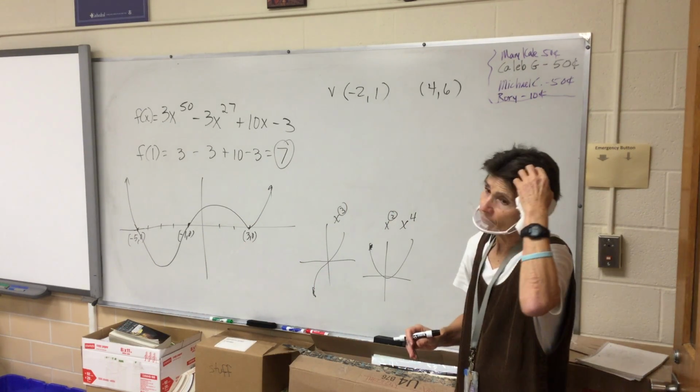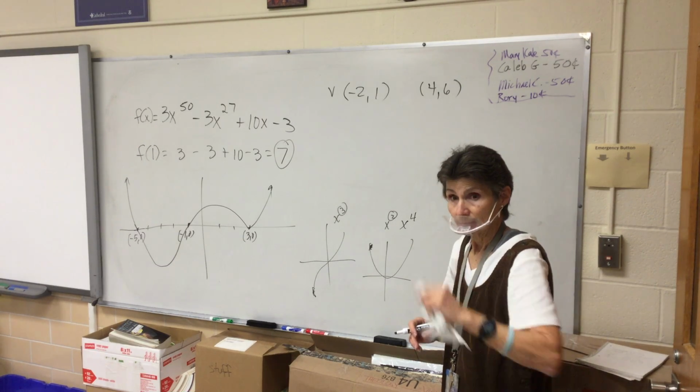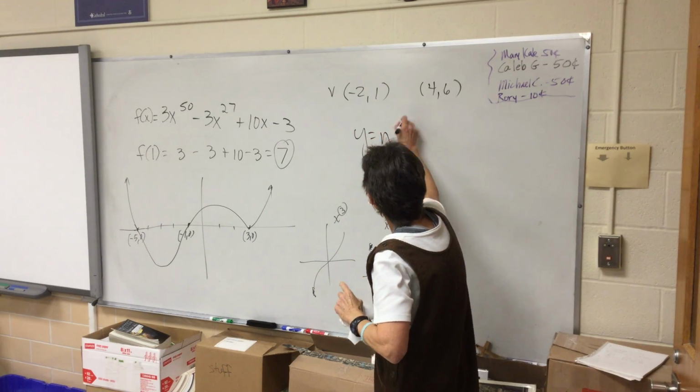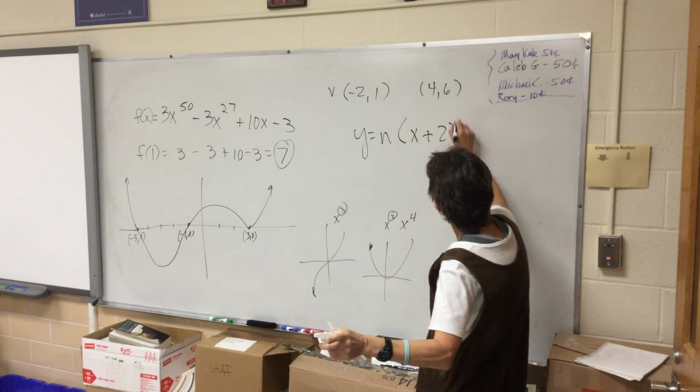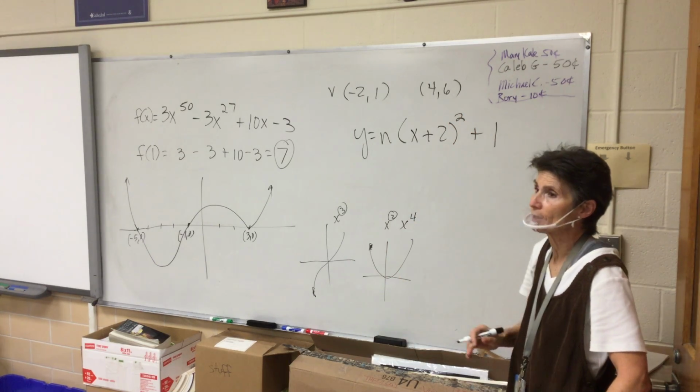So, how do I start building this equation? It's y equals x plus 2 parentheses y plus 1. Perfect. Stop right there. He's right on target.